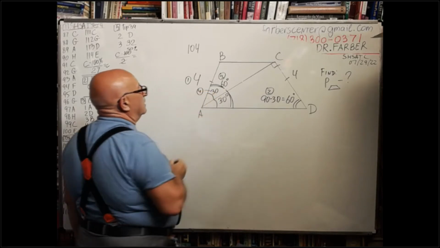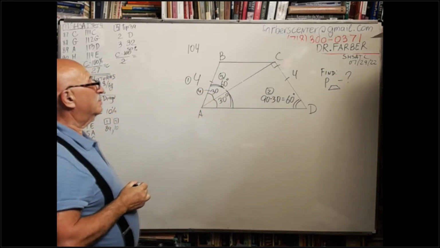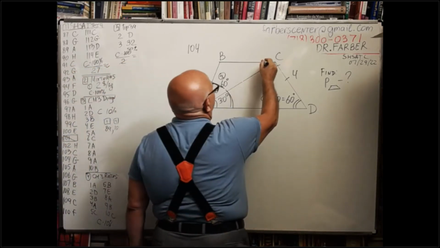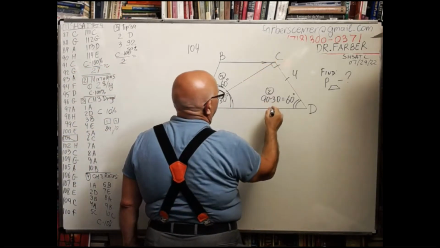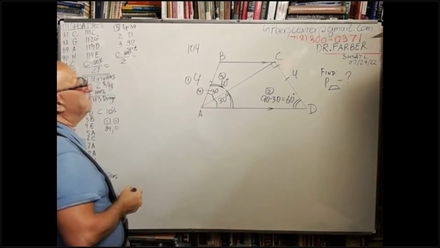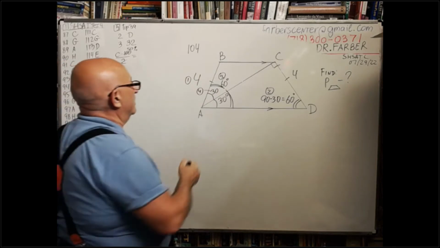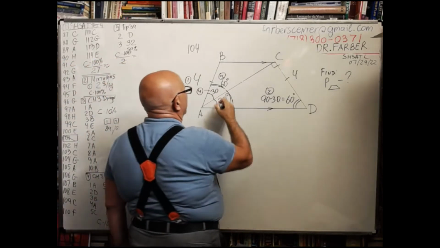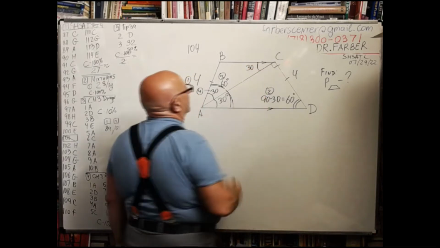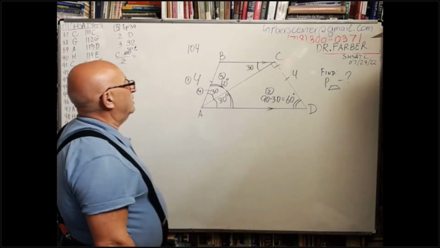If it's too fast, ask me. What is a trapezoid? A quadrilateral where two sides are parallel. And if they are parallel and this is a transversal, this angle is 30 and this angle is 30. Why? Because we name them alternate interior angles.